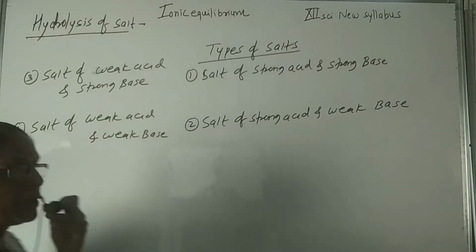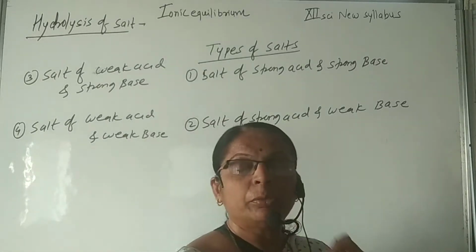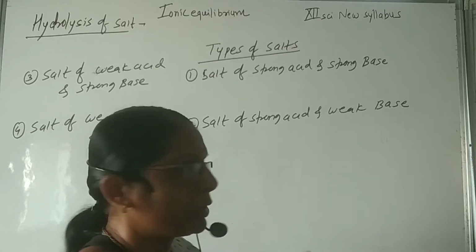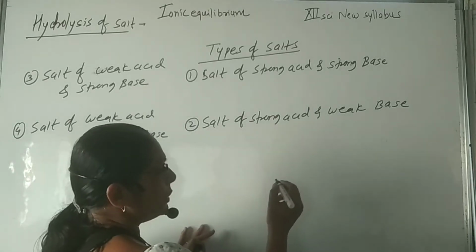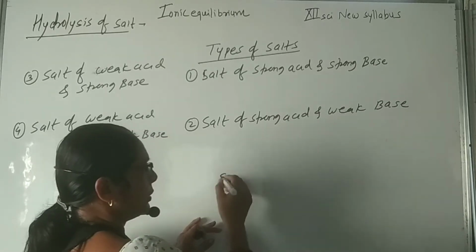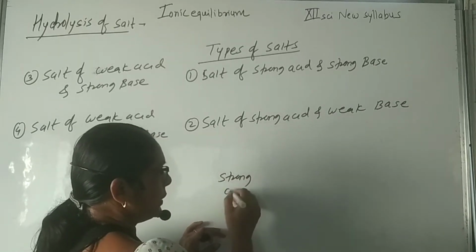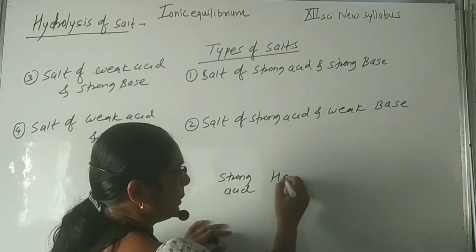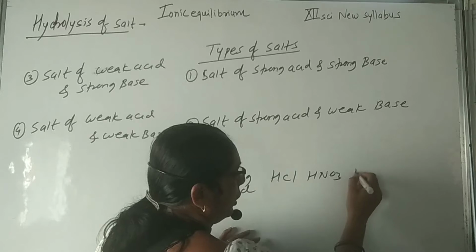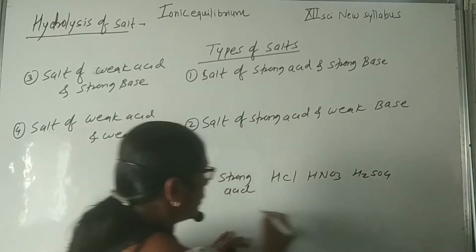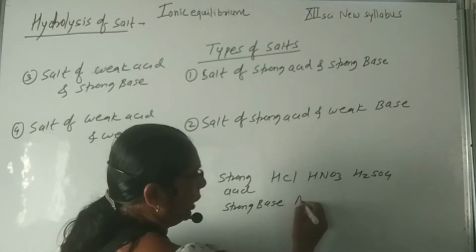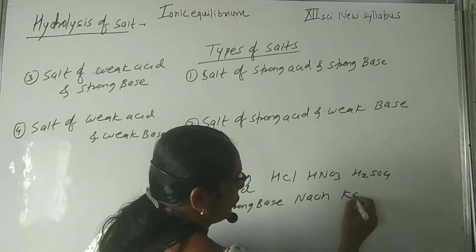In order to consider these four types of examples, we must know examples of strong and weak acids and bases. Examples of strong acids are HCl, HNO3, H2SO4. Examples of strong bases are NaOH and KOH.